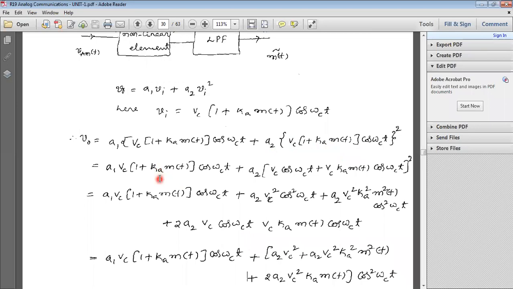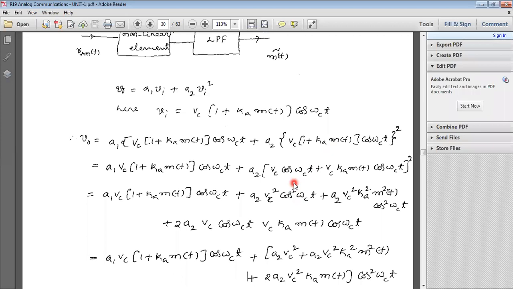Now write the first term same as A1 Vc into 1 plus Ka m of t into cos omega Ct, and expand the second term in the form of A plus B whole square.